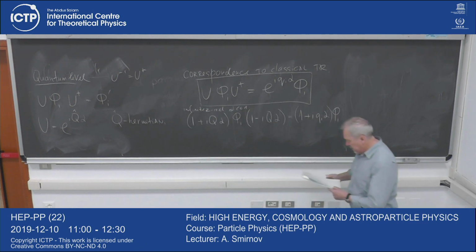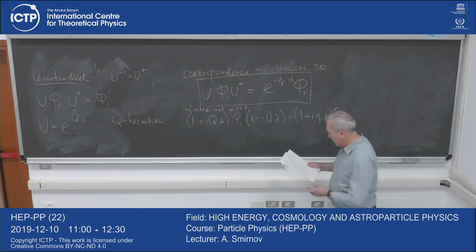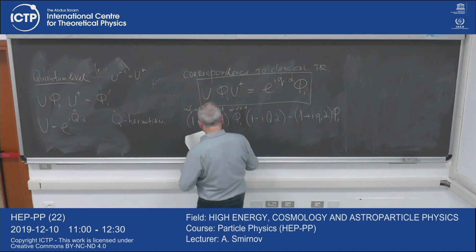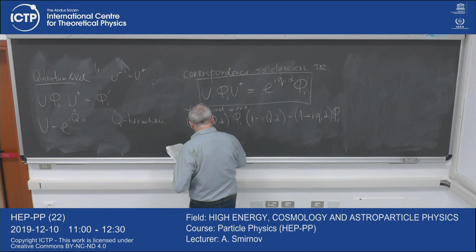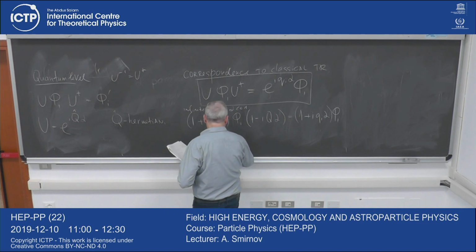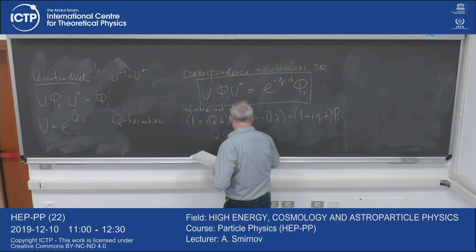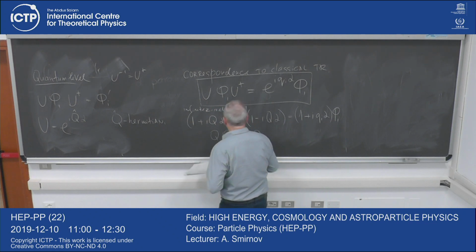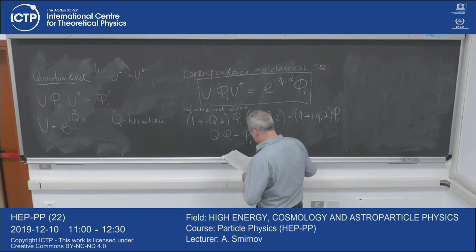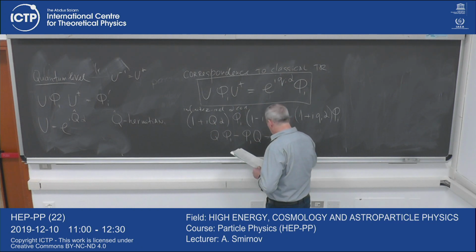Now we can open this, and what we will get, so let me write: q phi_i minus phi_i q should be equal to q_i phi_i.